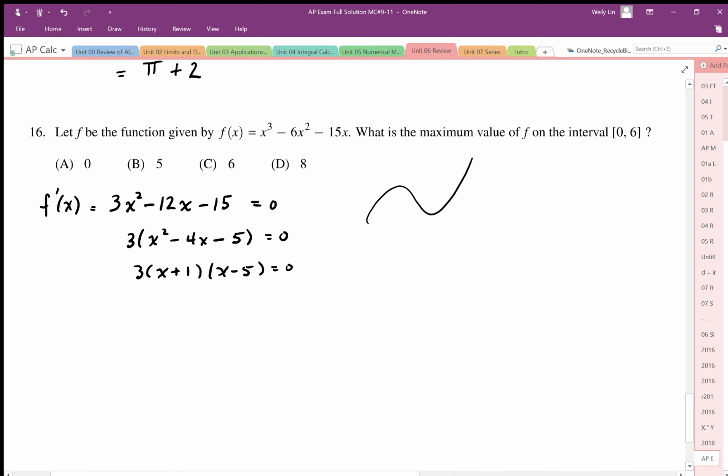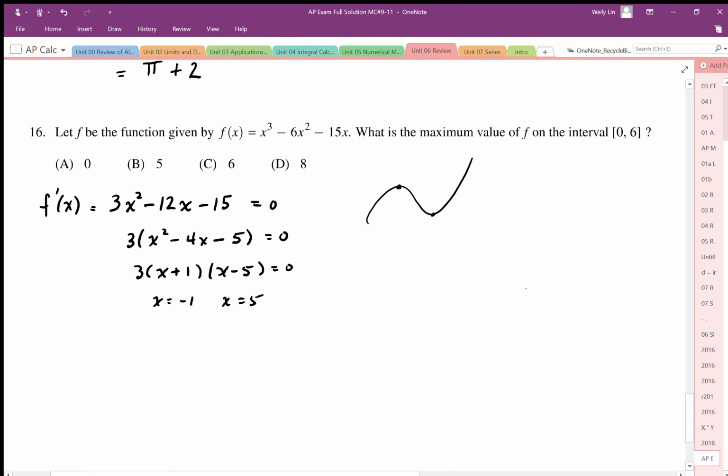So we're going to have 0 slopes at x equals negative 1, which is potentially that point there, and x equals 5, which is potentially that point there. So we have potential test points.